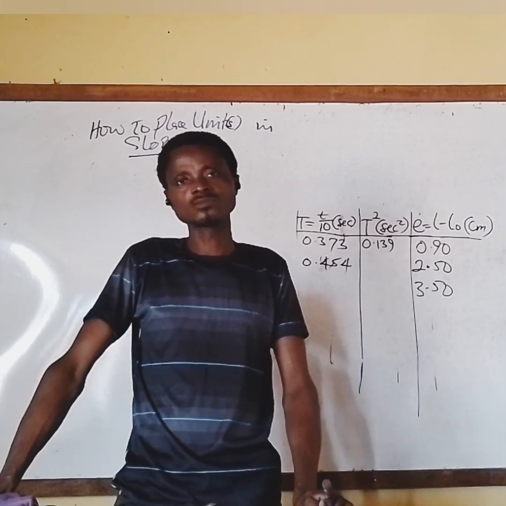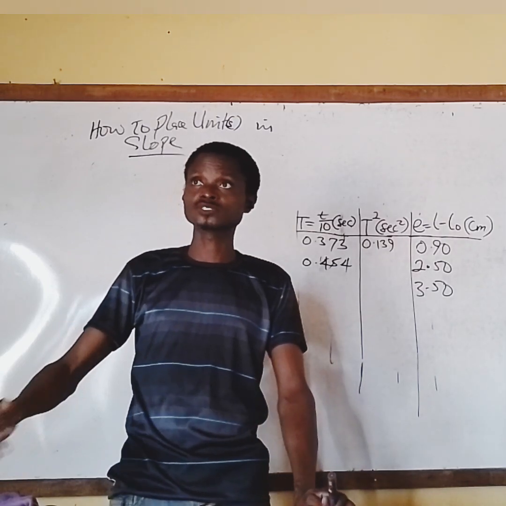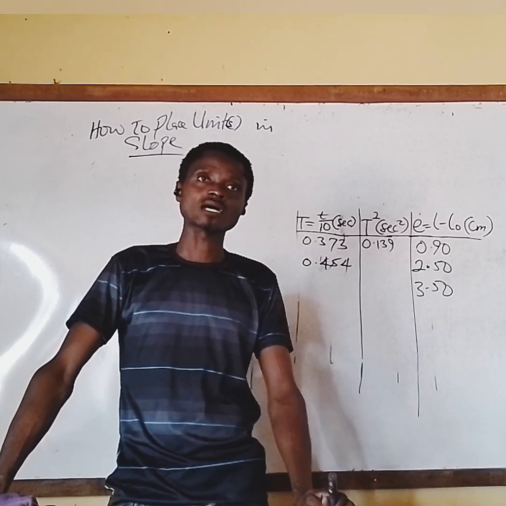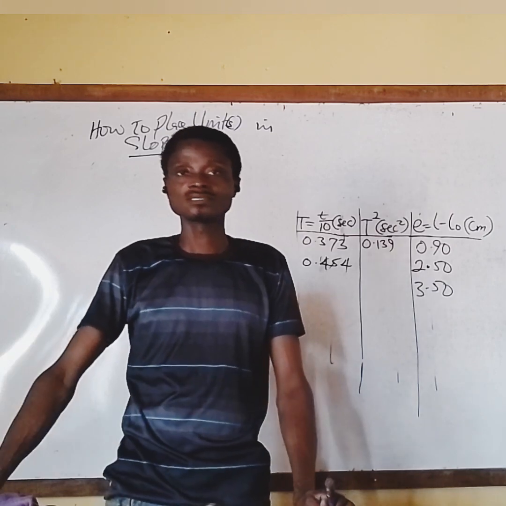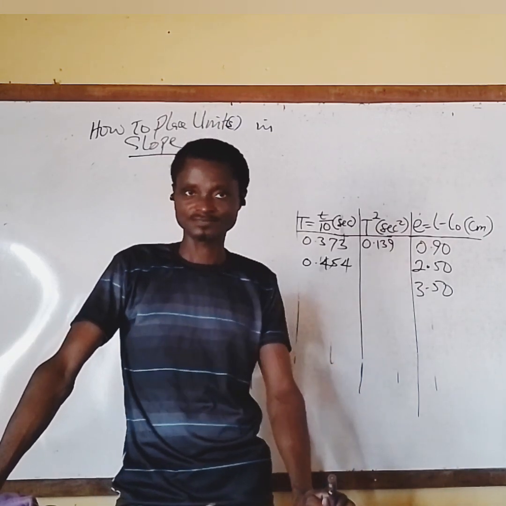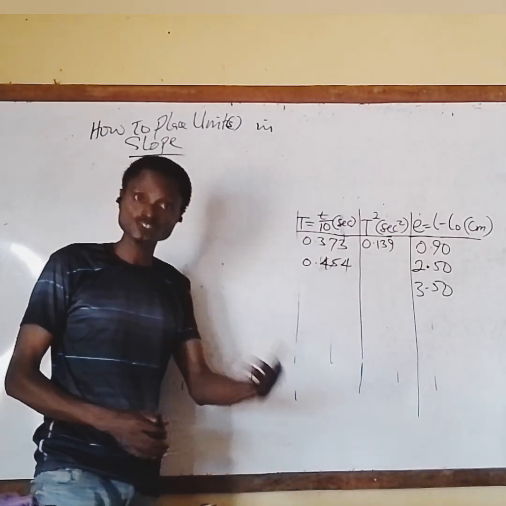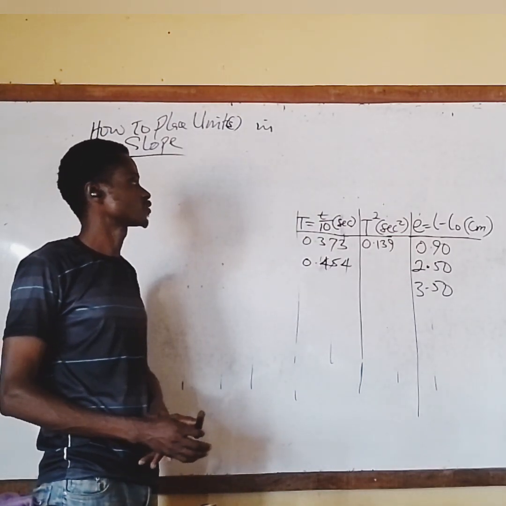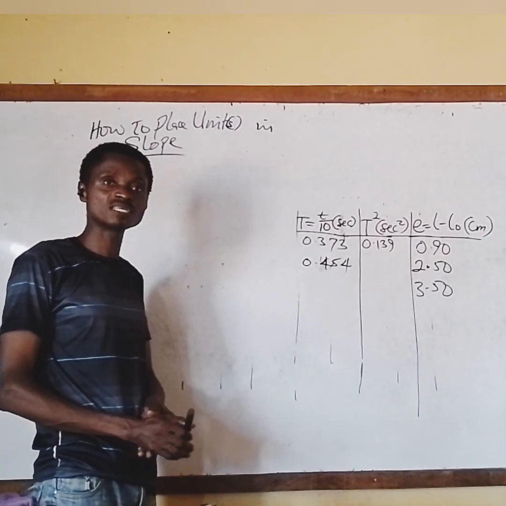Are you not going to place units? Although sometimes some slopes come in a way that units are not attached, in the aspect of some other slopes, they come with units. So you must place units.